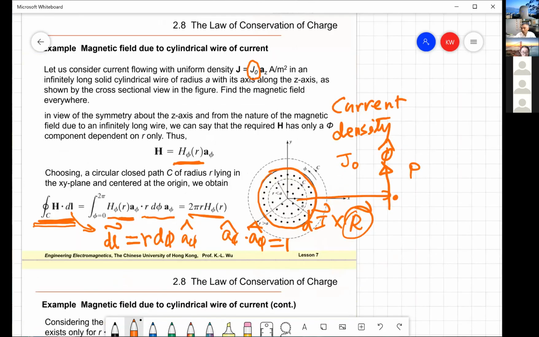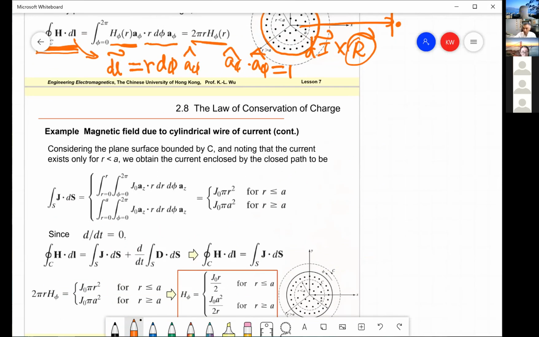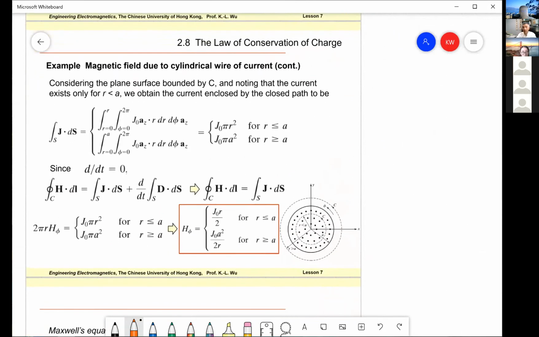We also need to treat things differently when the observation point is within the conductor. Within the conductor, that means when r is less than the radius a, the total current depends on r squared.